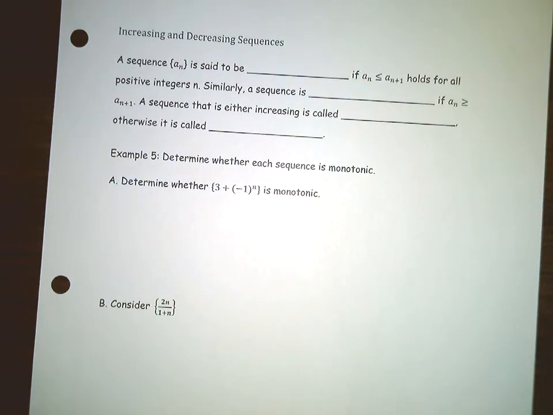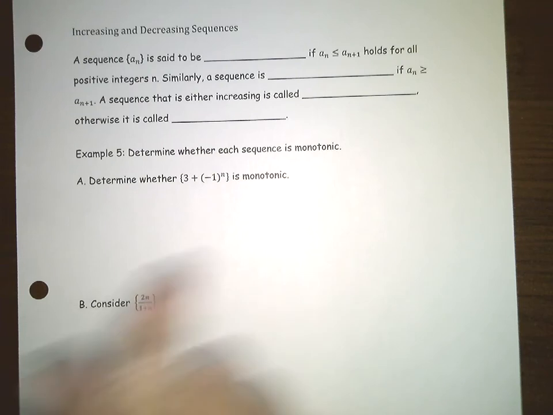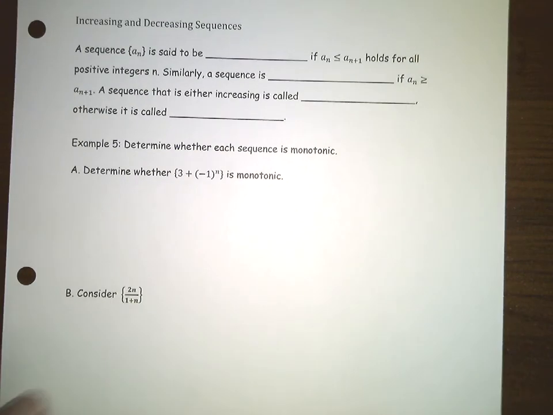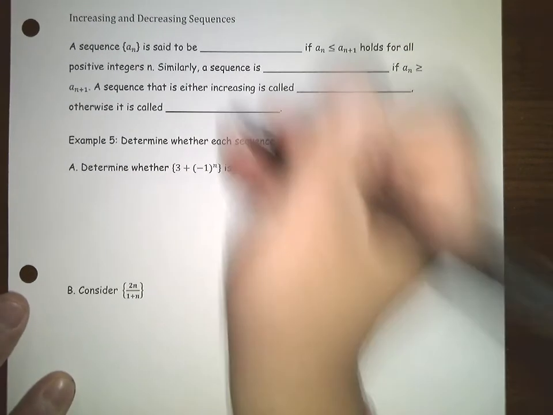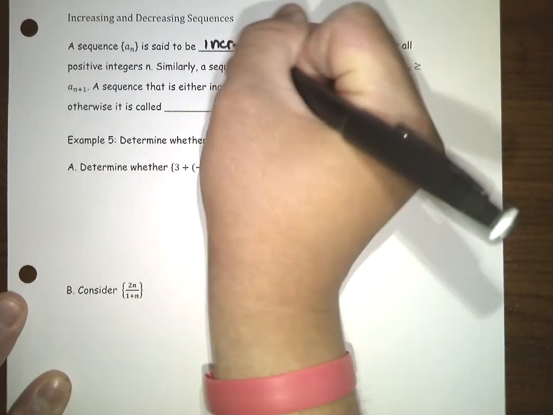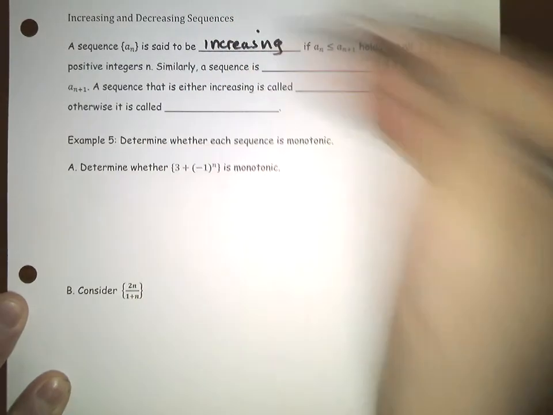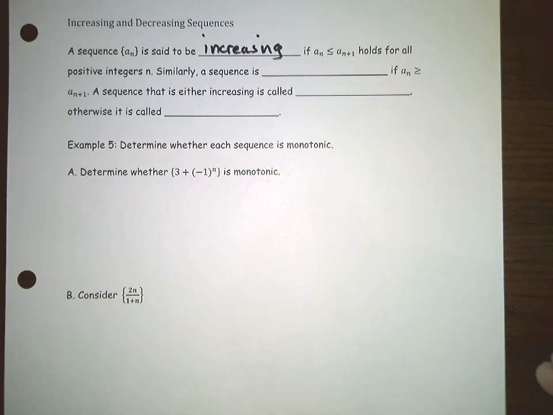So here are the increasing and decreasing sequences. A sequence a sub n is said to be increasing if a sub n is less than or equal to a sub n plus 1 for all positive integers n.